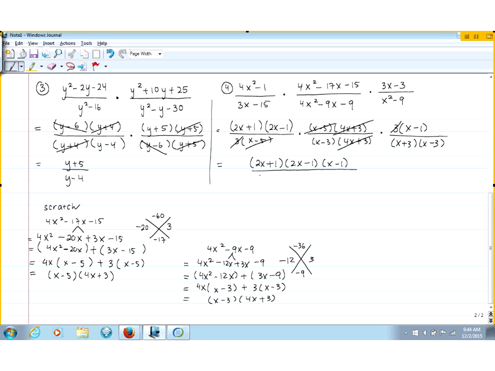What do we have on the bottom? x minus 3 squared, times x plus 3. So it's x minus 3 times x plus 3 times x minus 3, so the x minus 3 we can write as a square. Doable? Okay, so now we will do division, which is the same as multiplication with the reciprocal.